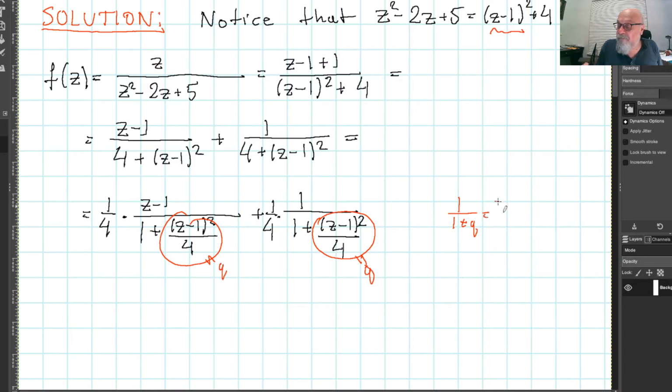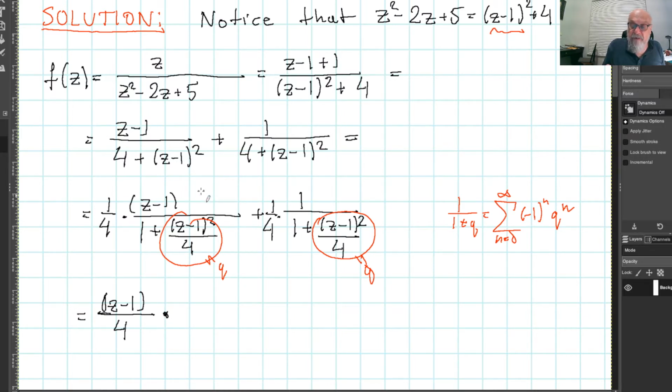And we already know that this will give us the geometric series with the minus 1, so this will make q to the power n, and I can use it. So I will write it down simply. This is 1/4, maybe. Now (z minus 1) divided by 4, and that's exactly this expression, so I can write it down.